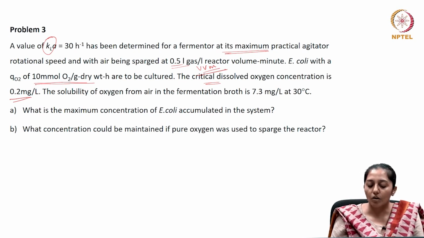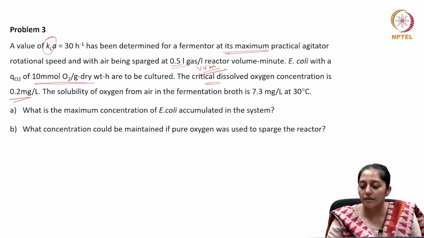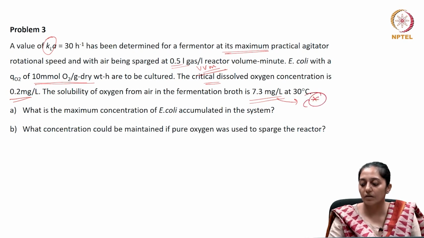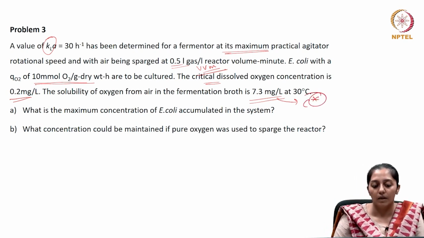The solubility of oxygen from air in the fermentation broth is 7.3 mg per liter. So, this is nothing but our saturation oxygen concentration value at the given temperature and pressure.